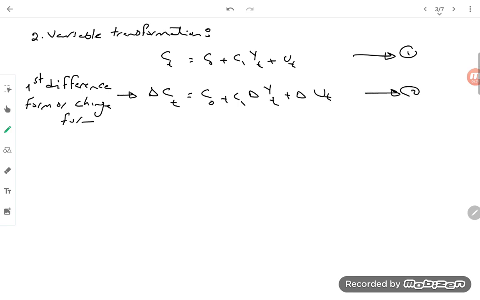If model number 2 is used, there will be a strong possibility that there is a problem of autocorrelation.